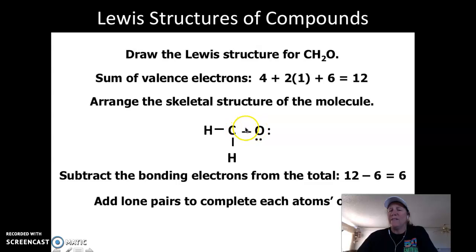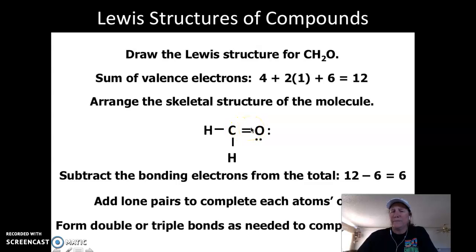So we're going to have a double bond here. And now if you look, 2, 4, 6, 8 for carbon, 2, 4, 6, 8 for oxygen, 2 for hydrogen, 2 for hydrogen. Remember, hydrogen only needs 2. And that way, by forming one double bond, I have a complete octet for everybody.